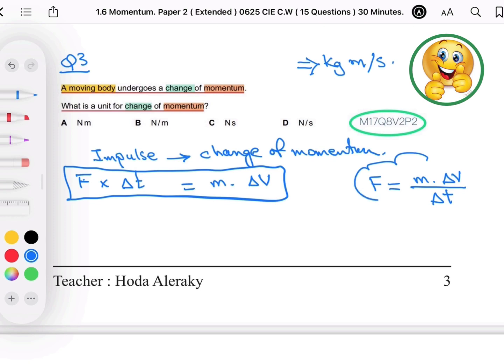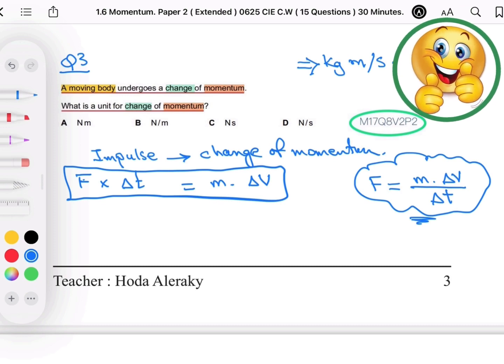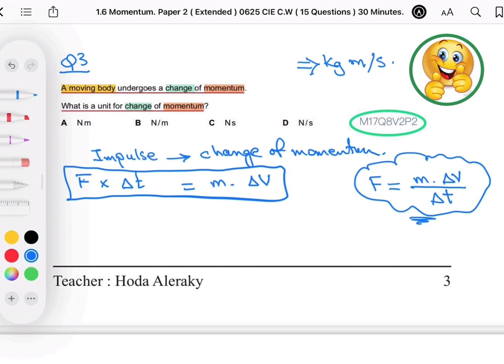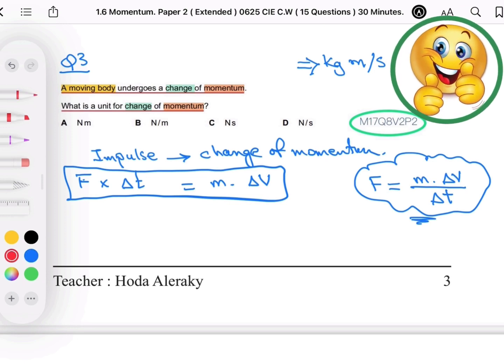So this equation is the main one, and you can rearrange it to calculate impulse. So impulse is equivalent to change of momentum. What is the unit here?